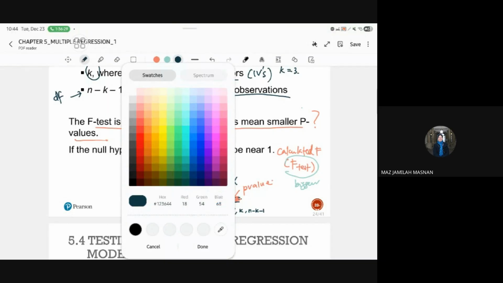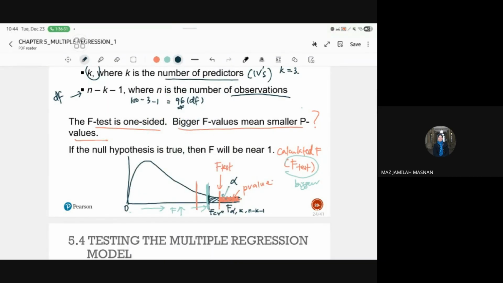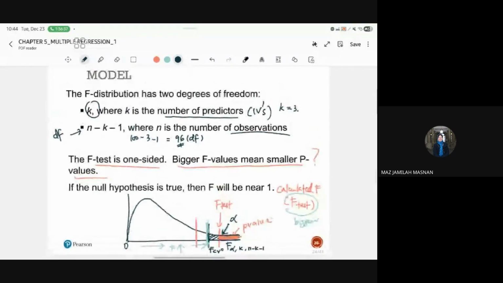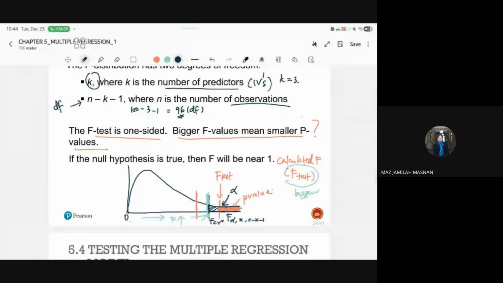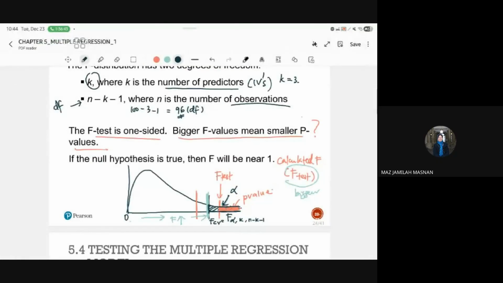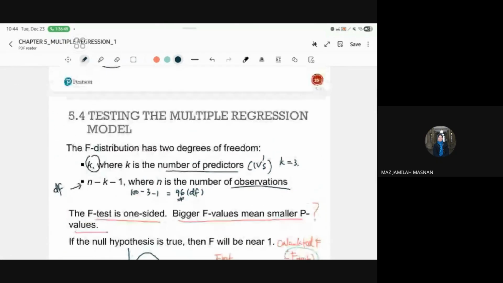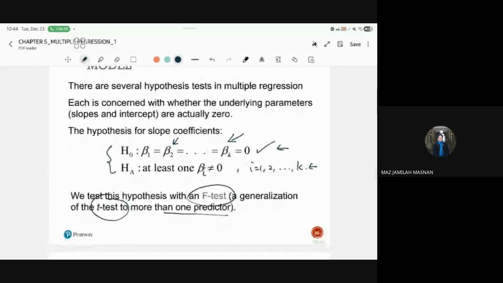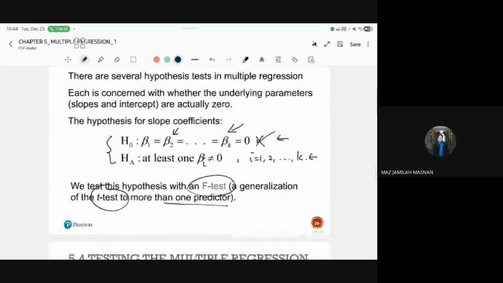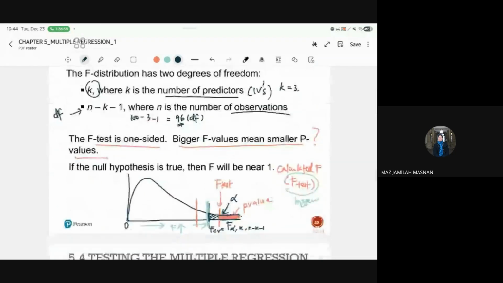My alpha is over here, the whole area of this. That is why the bigger the F, the smaller the P value. The smaller the P value, the easier for us to reject the null hypothesis. Rejecting the null hypothesis means that at least one of the beta I is not equal to 0, which means the model is significant.